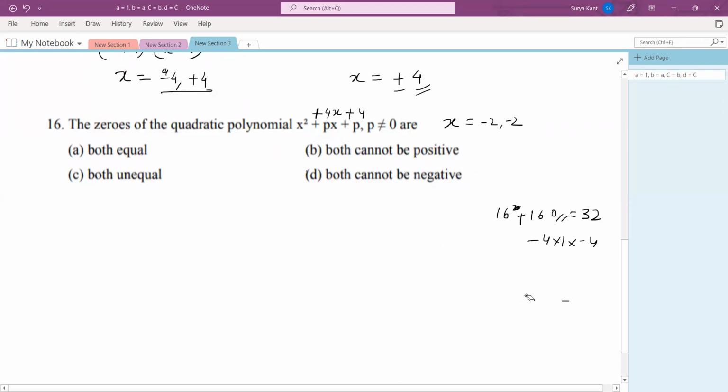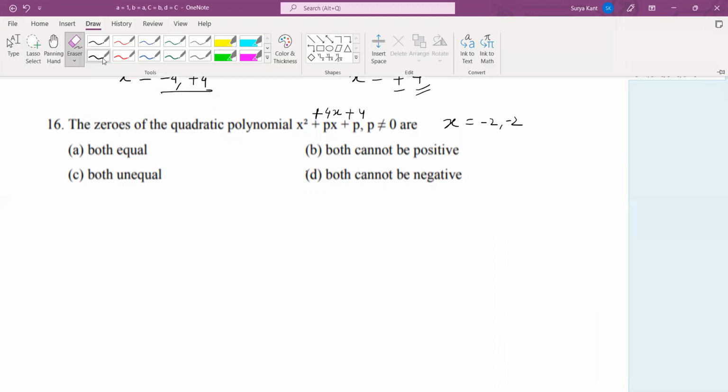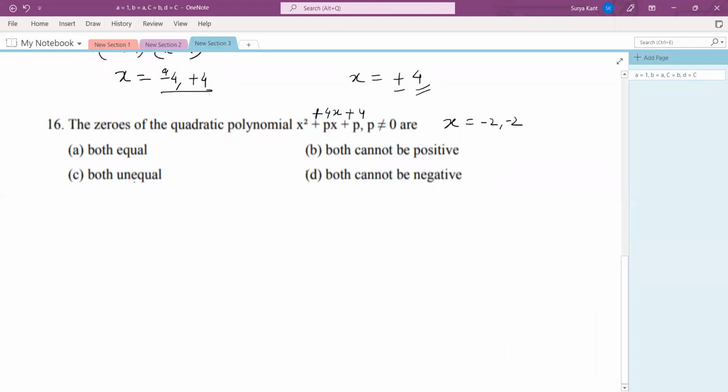Sir, I think we do not have to do this much process. I found an easier process. Okay, say. I was unable to get equal or unequal, but here, sir, you will see that the product of zeros equals positive. The product of zeros is positive.